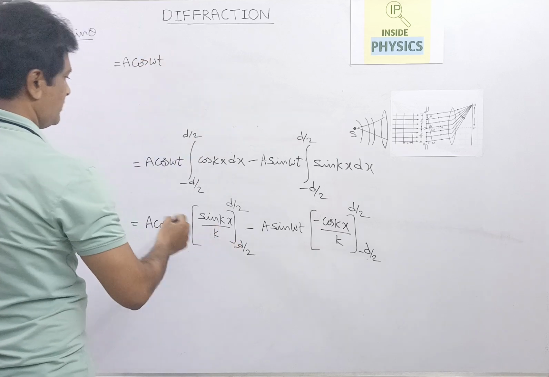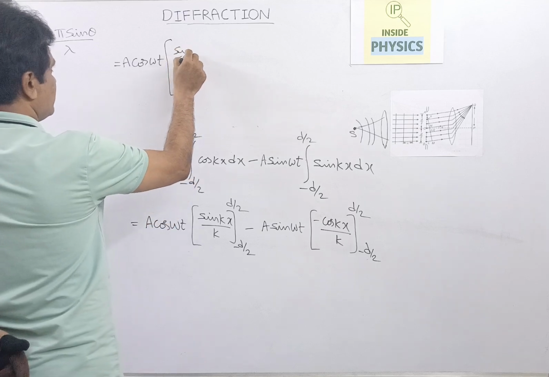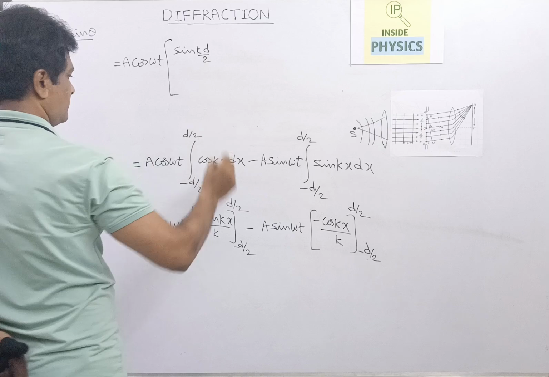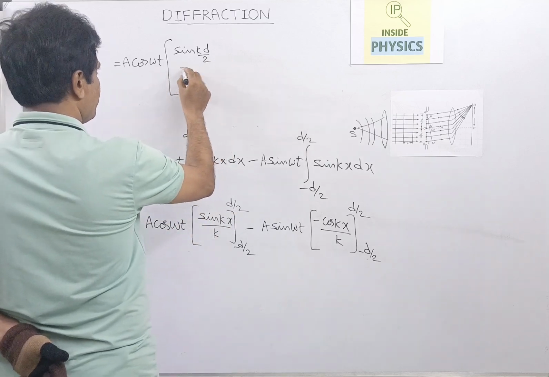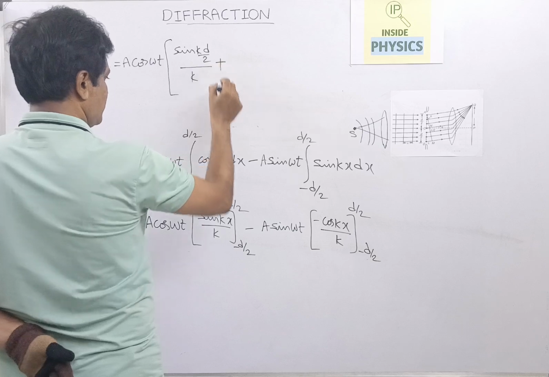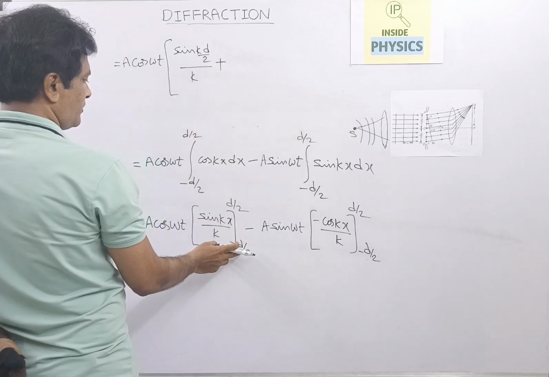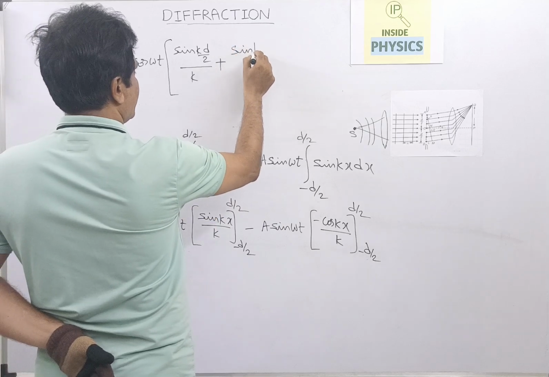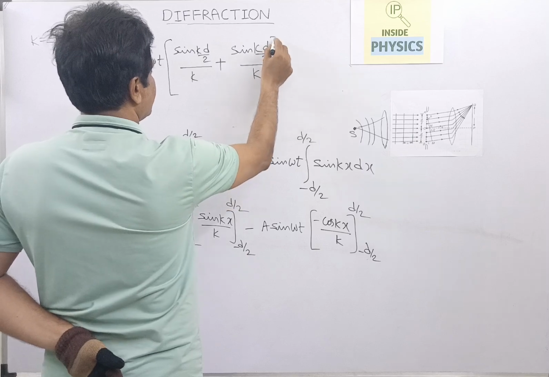I will substitute these limits, then it will become sin k d by 2 by k plus, actually this has minus, so if I put this limit as minus, minus minus becomes plus, so I can write it as sin kd by 2 by k.